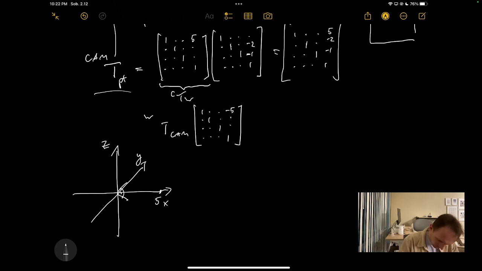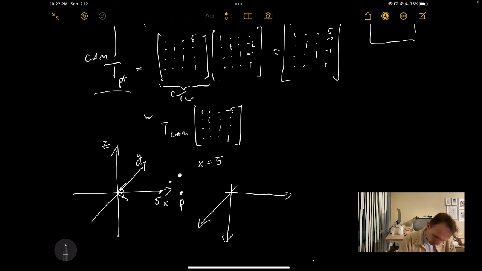So x equals 5, and then y is minus 2, so 1 and 2 over here, and then z is minus 1 over here. Here's our point P, and then we want to flip it to those coordinates where it looks somewhat like this. So z, x, y.